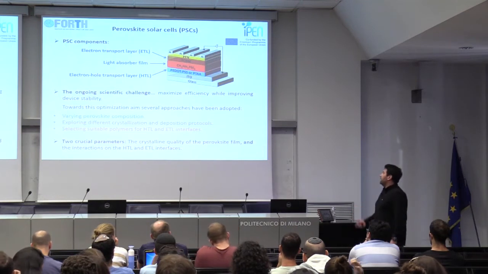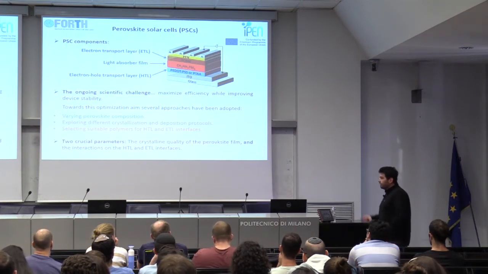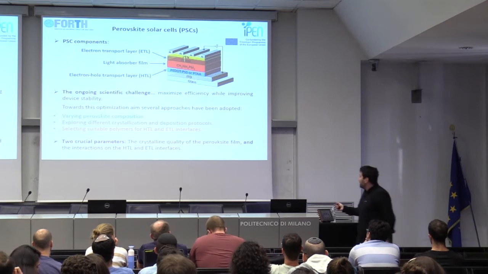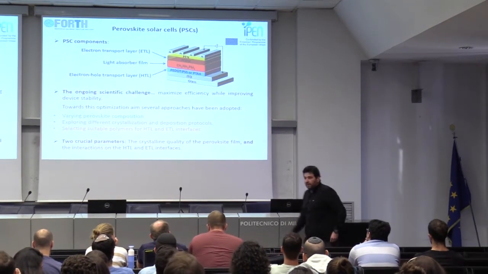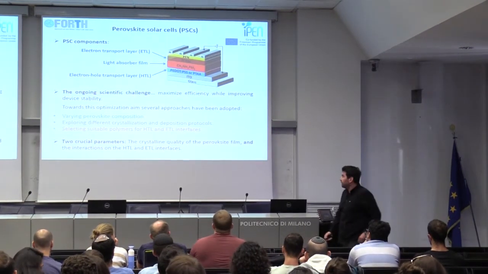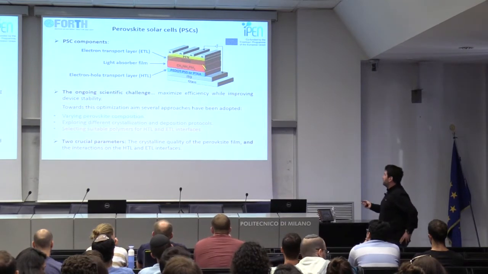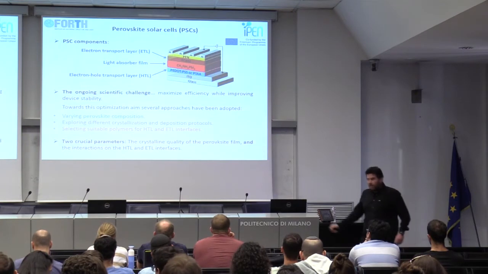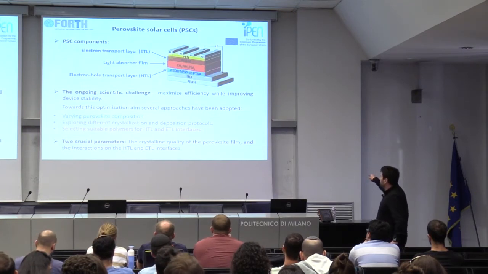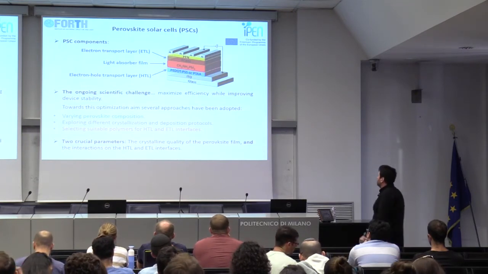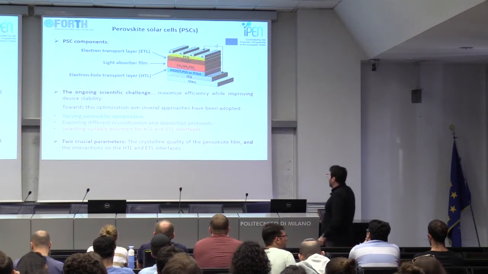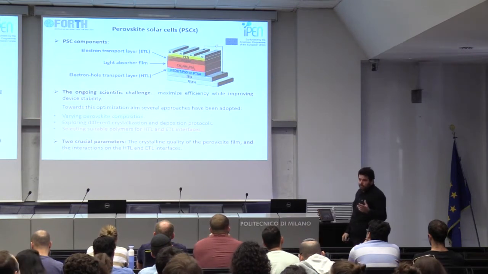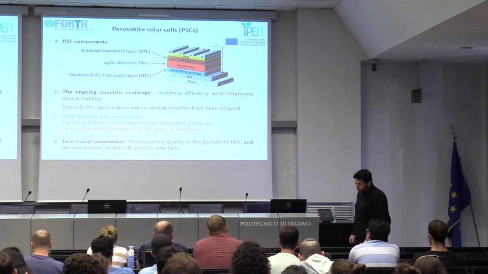But before I talk about what are the ways to tackle these problems, let us have a look at the typical components of a perovskite solar cell device. This is a demonstration of the planar inverted configuration, where you have the glass substrate at the end, then you have an indium tin oxide electrode, the cathode electrode, and on top of that, you need a polymer material which acts as a hole transport layer.